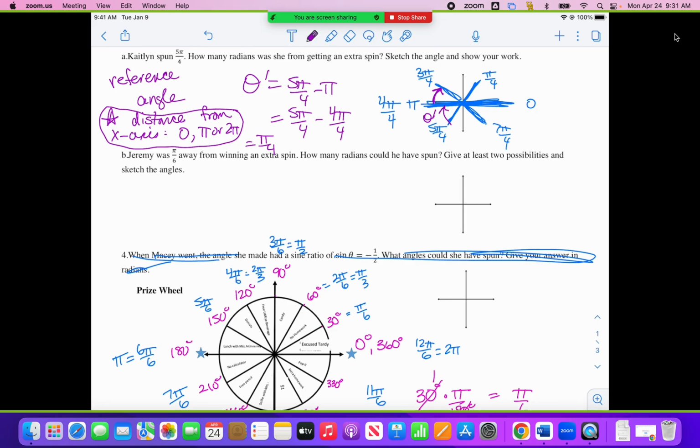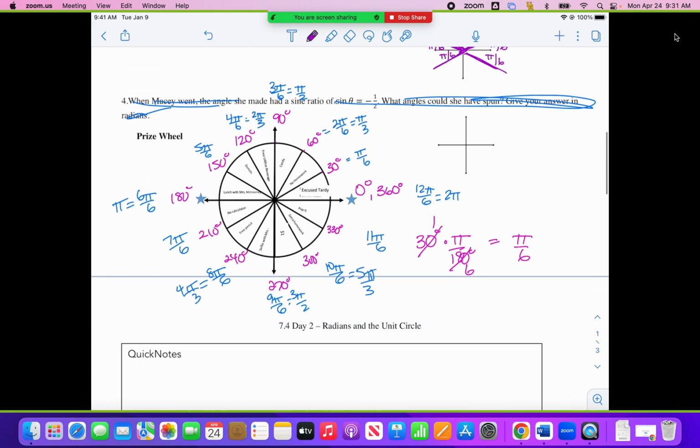All you know, because he was vague, is that he was pi over 6 away from winning the extra spin. So now you've got to figure out, where was he? Where's the extra spin? The extra spin is the horizontal starred line, which is the x-axis.